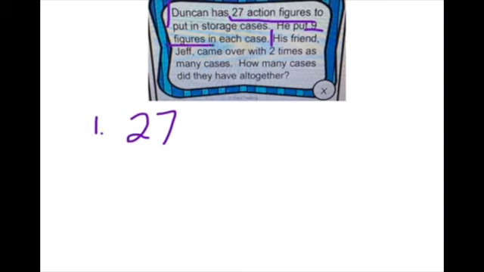So 27 is our total that Duncan has. When I am given the total, do you remember what we should do? We have a 27 and a 9, and we were given the total. That will look like a division problem.